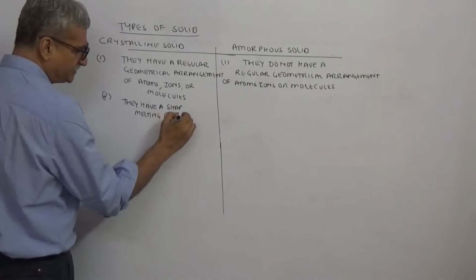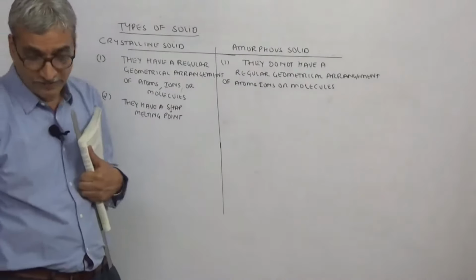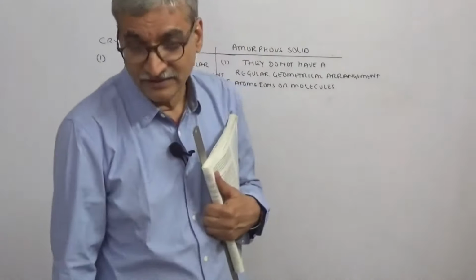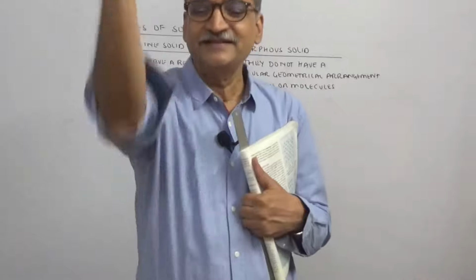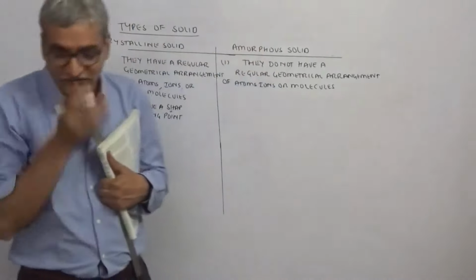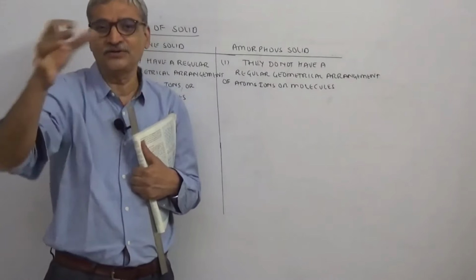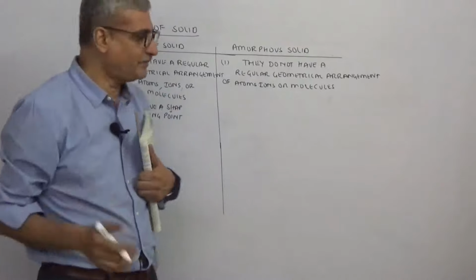Look at copper, which I always remember because it is very easy to remember: 1420 degrees centigrade. At 1420 copper will melt. It will turn from solid to liquid. It has a sharp melting point.